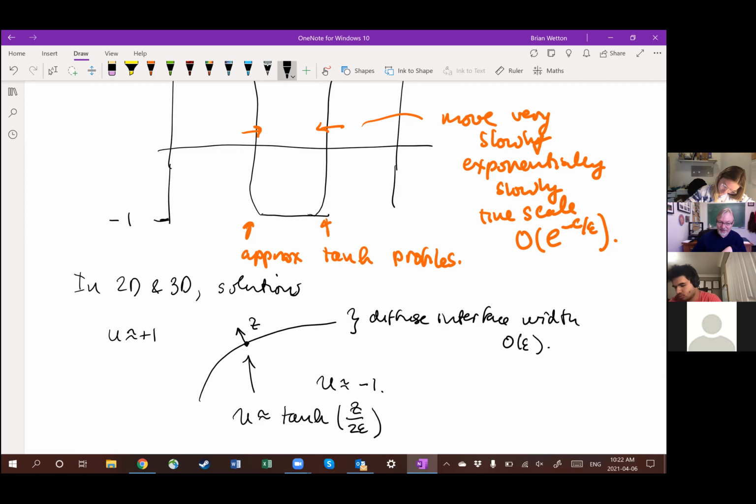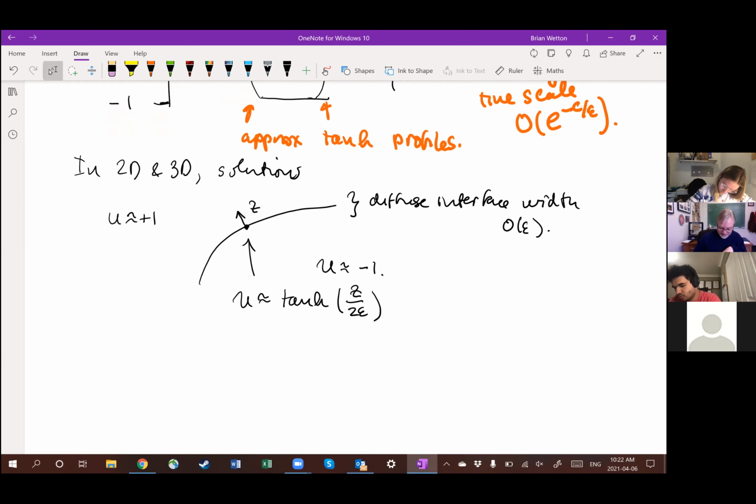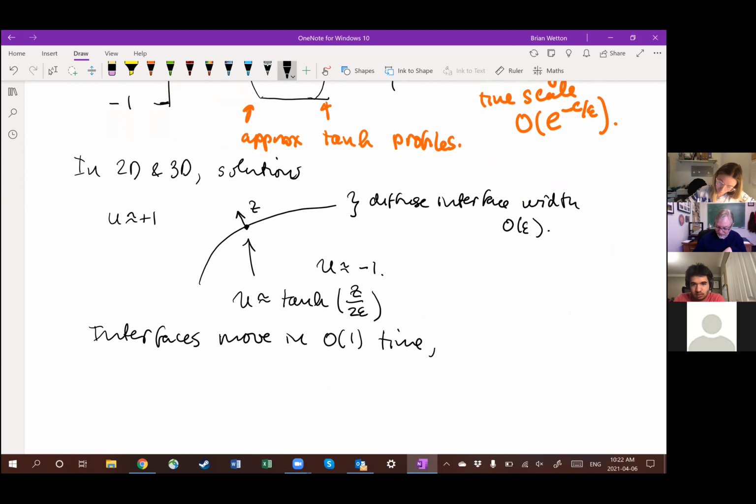And these interfaces also move, right? But in the 2D case, these interfaces move in O of 1 time, and they move with curvature motion, or mean curvature motion in 3D.